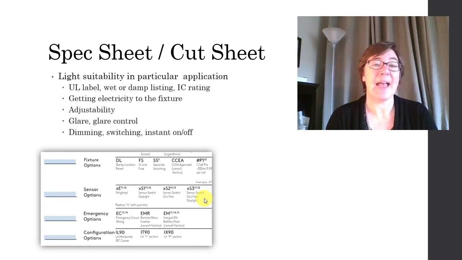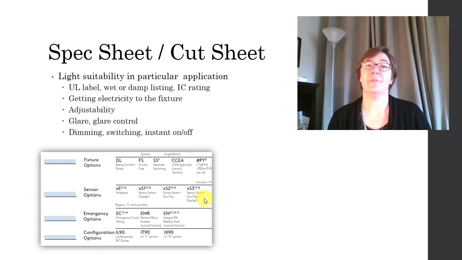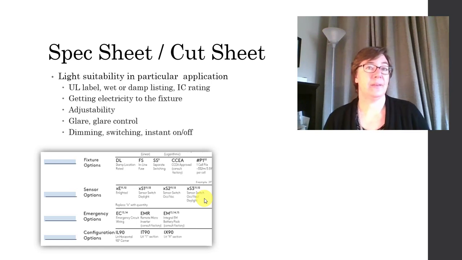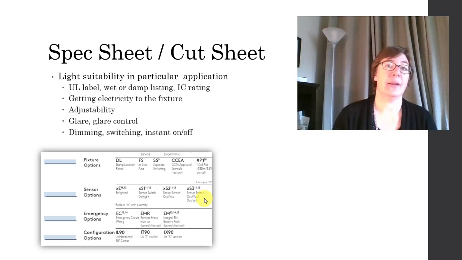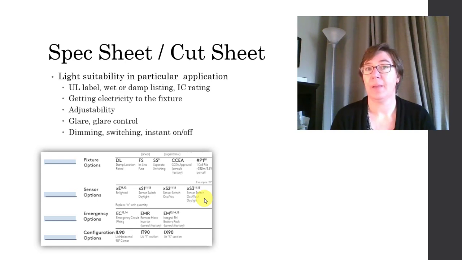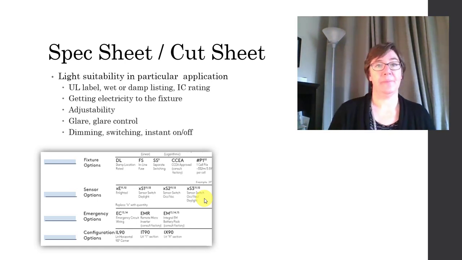The next set of data that you want to look at on your spec sheet is this particular light's suitability for your particular application. Is it UL labeled? Is it wet or damp listed? How do you get electricity to this fixture? Specifically, where do you connect it? Is this fixture adjustable in any way?